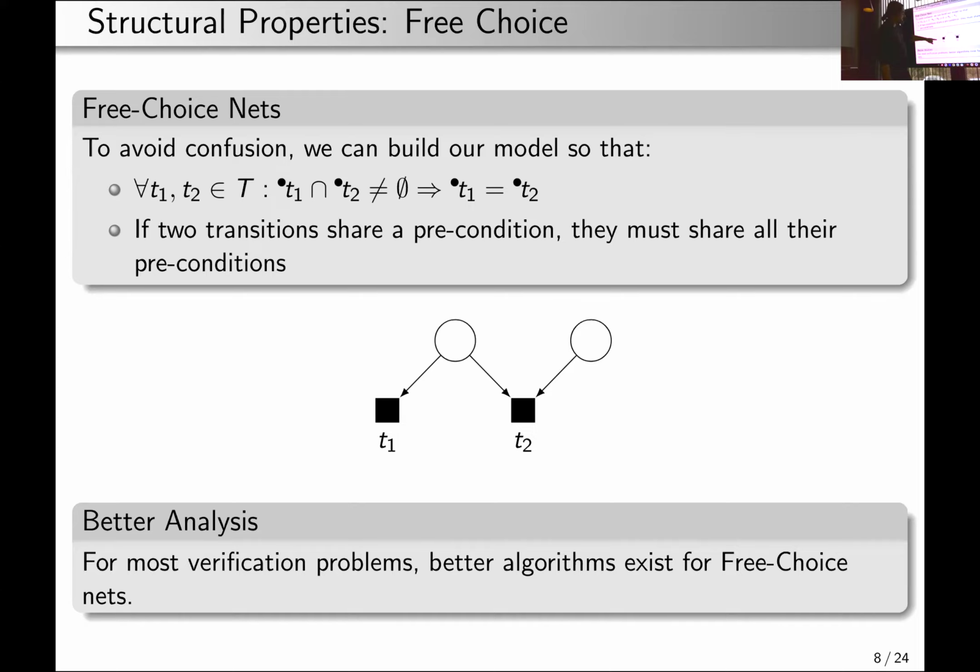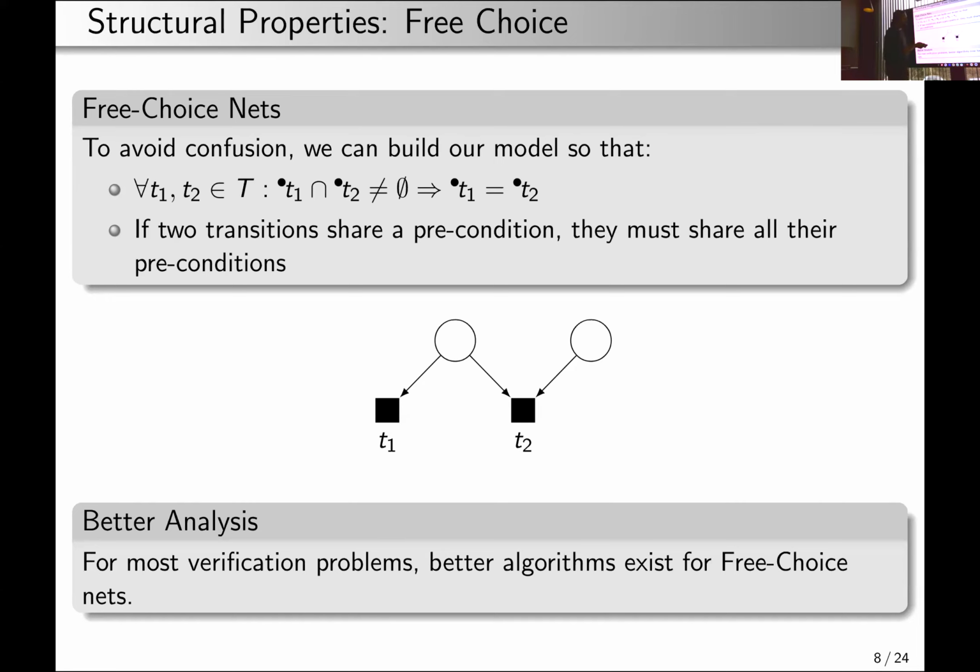So for instance, here you see, T1 and T2 are in choice only when this place is marked, right? If this place is not marked, then only T1 can happen. And this is the kind of situation we want to forbid in a free choice net.